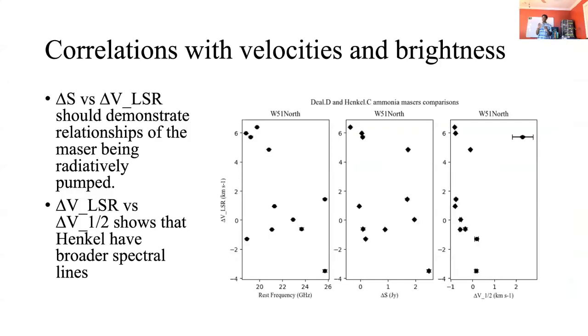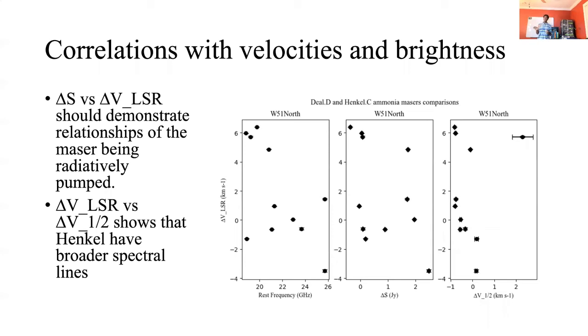So here are the correlations with velocities and brightnesses. The main takeaway is that we wanted to showcase the relationship between VLSR, the change in VLSR between my data and Henkel's data, and the rest frequency, the brightnesses, and the width of each spectral Gaussian line.